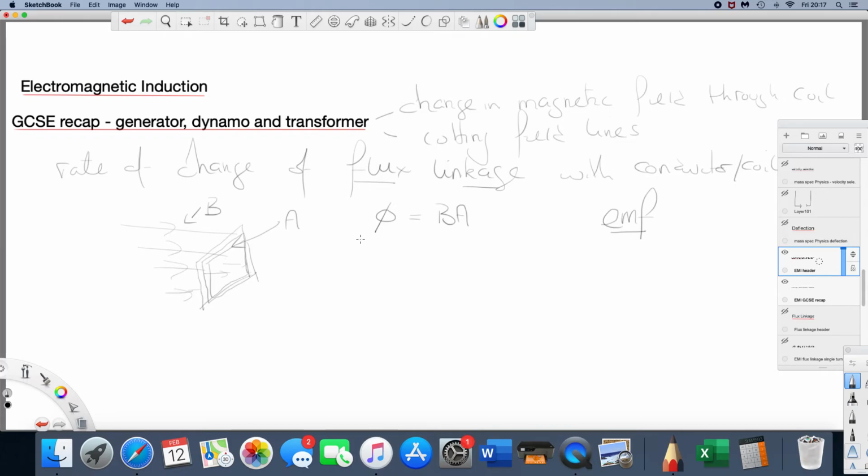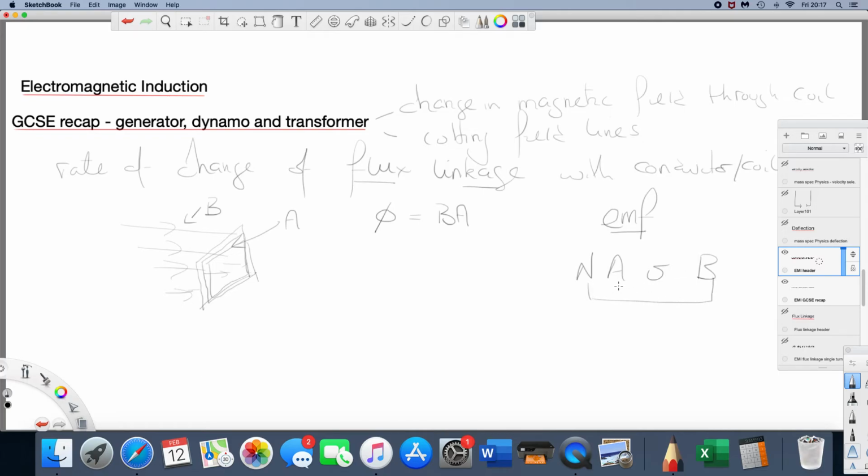You remember the things that affected the induced potential difference across our coil were the number of turns in the coil, the cross-sectional area of the coil, the speed of turning of the coil, and of course the flux density, the strength of the magnetic field.